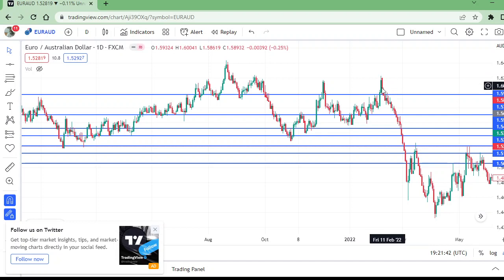But in February, in their 2021 monetary policy, they said that they will close this $4 billion asset purchase in February. So this was February, I think, yes, exactly February 2022.